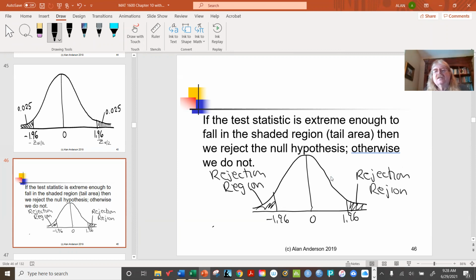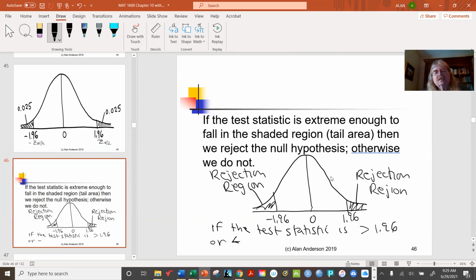Okay, so if the test statistic, in this case, is greater than 1.96 or less than negative 1.96, that means we reject the null.